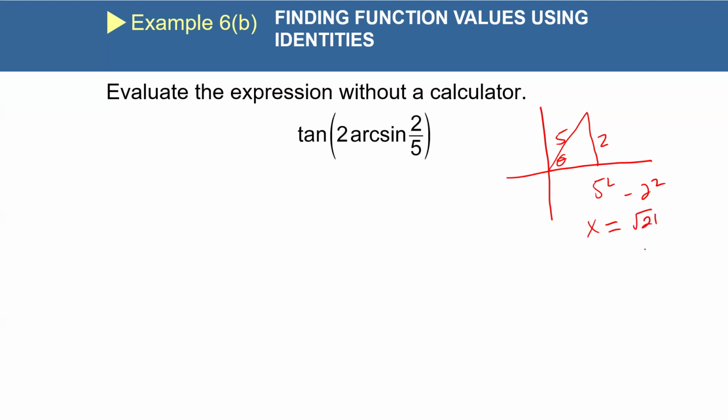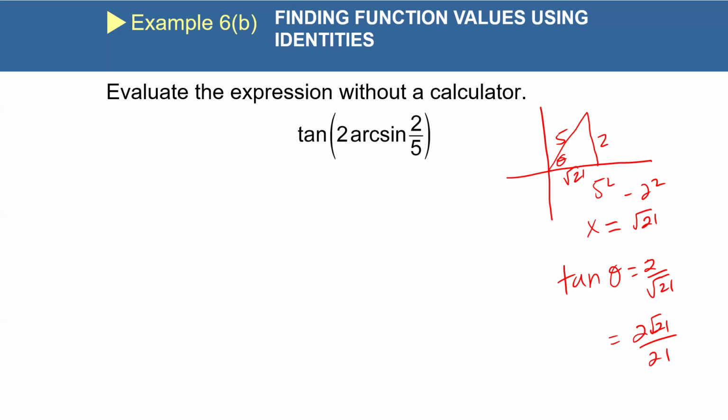So x is the square root of 21. Okay. Can I now establish what tan theta is for this angle? So tan theta equals your opposite over your adjacent. So we have 2 over the square root of 21, which is 2 square root of 21 over 21.